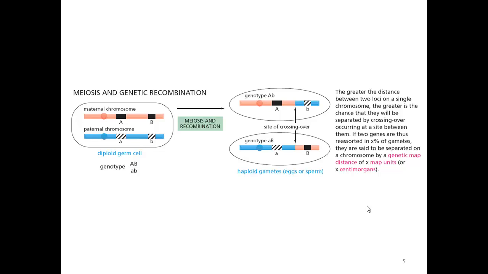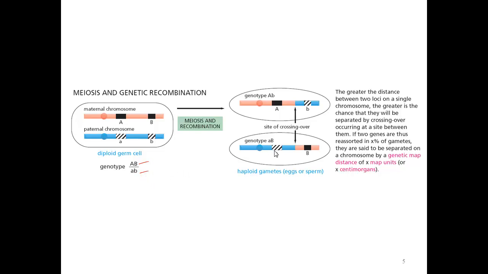And just to make the crossing over story a bit more concrete, with different genes being listed as opposed to just colors: if you were going to inherit a full copy of your maternal or paternal chromosome, the only 2 possibilities would be large A and large B, or little a and little b.